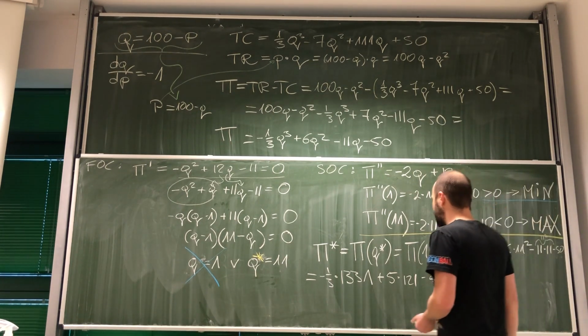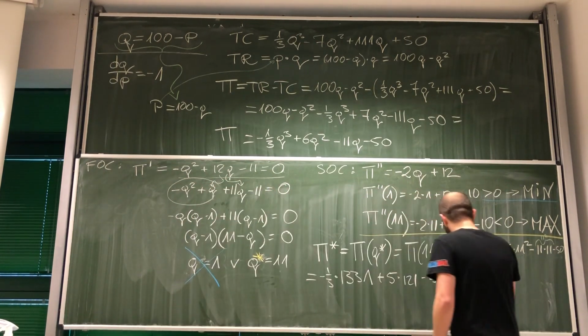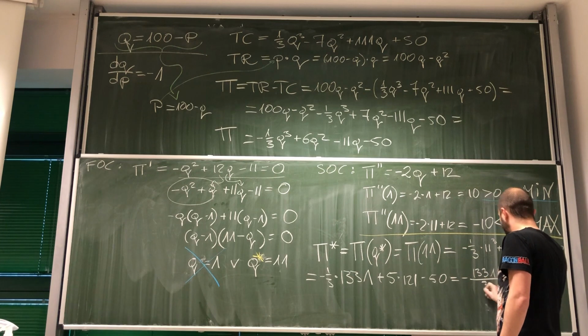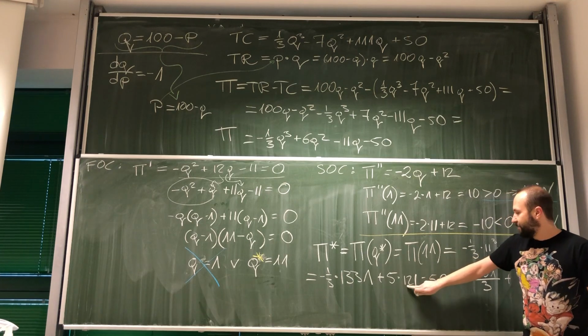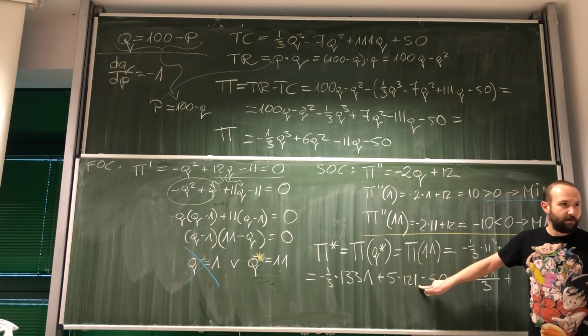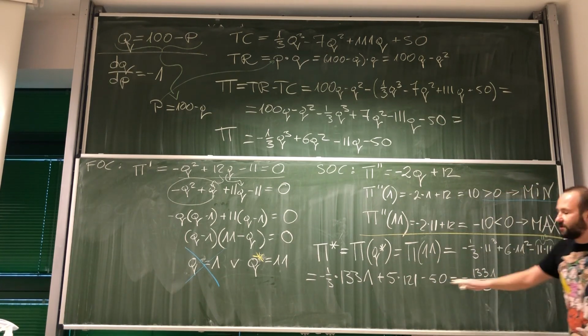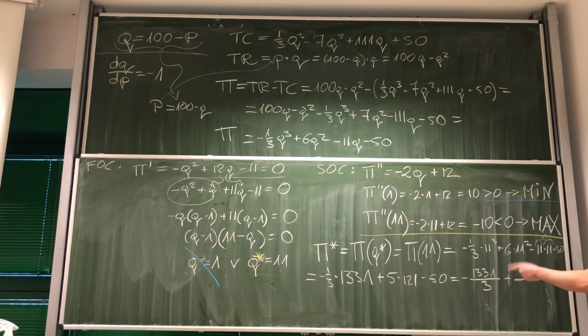Okay, so now let's put all of these expressions into a common denominator. So we've got that this is negative 1,331 over 3. Now plus, we will have here 5 times 121. But now if I want to put it into a common denominator, I should multiply it by 3. So it's 15 times 121. So this is 1,815.